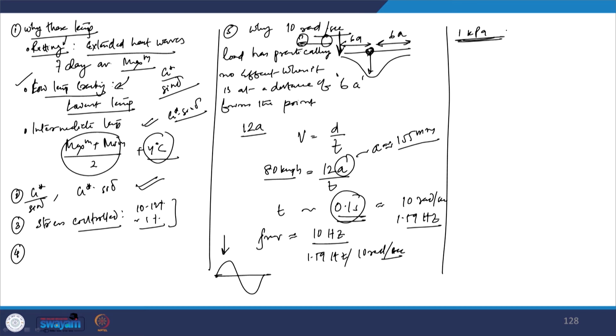They found that in the US, for moderate climates, when the average pavement temperature is 60 degrees Celsius, typically an AC 10 bitumen is used. Several AC 10 bitumens which gave satisfactory performance in the US were tested in the DSR at 10 radians per second to evaluate the G star by sine delta value. It was found that the value is around 1 kPa or greater than 1 kPa. Therefore, 1 kPa was developed as the specification.